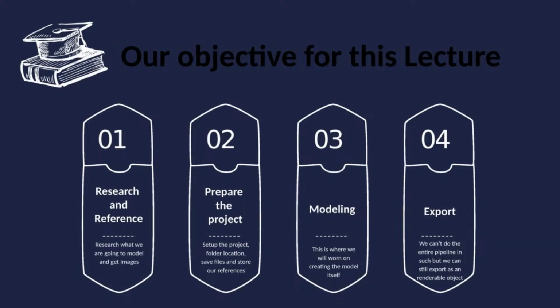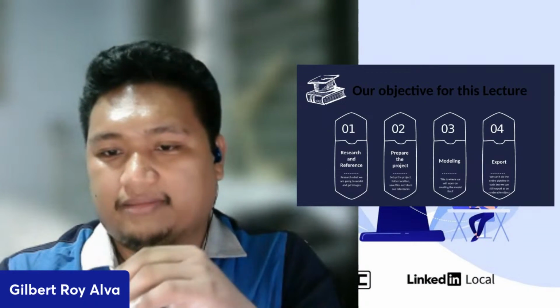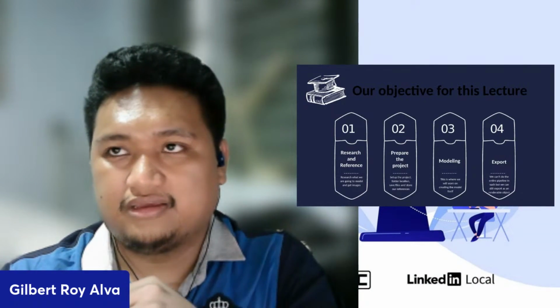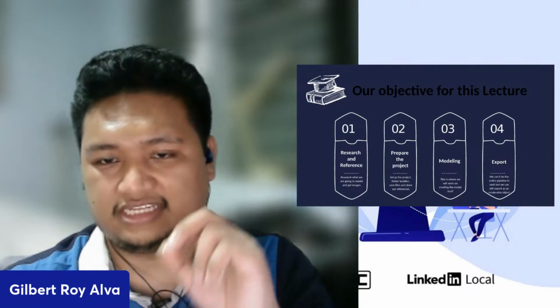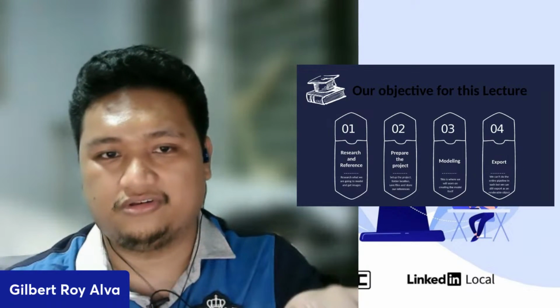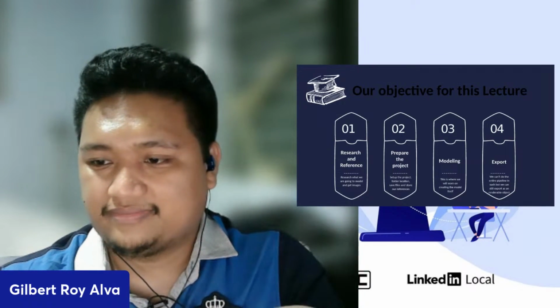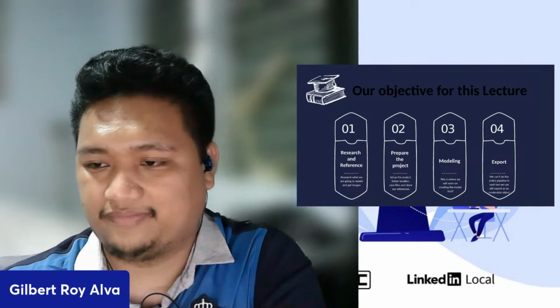So I'm gonna be doing a demonstration in Autodesk Maya, basically on how we can model a dice. I just thought of a dice because it's a simple object and we can make it look good and you'll be able to learn a lot. And hopefully you guys can follow as well.